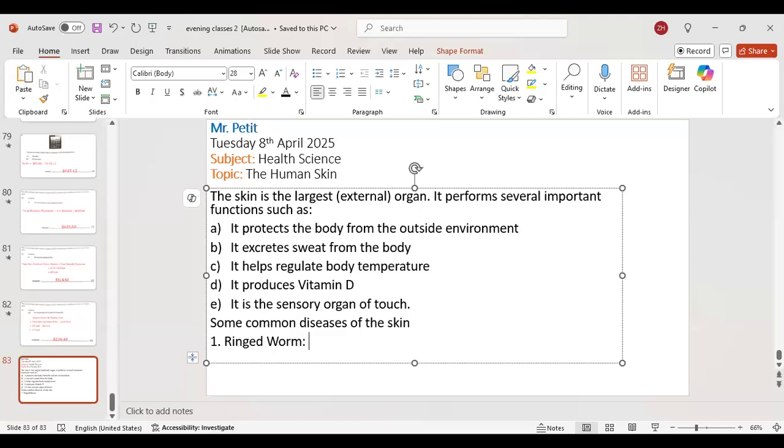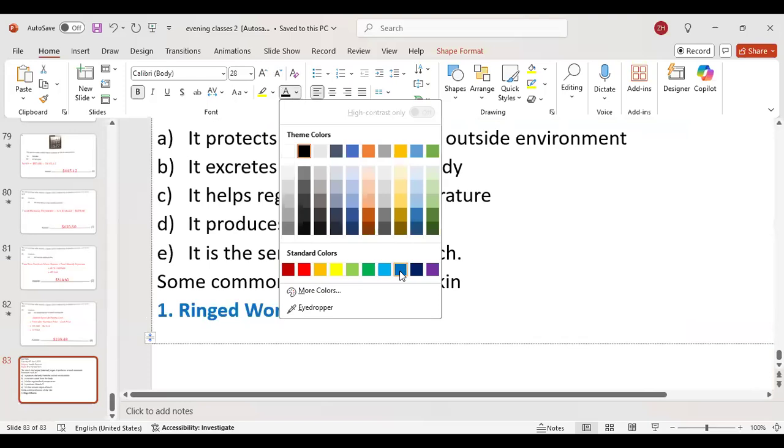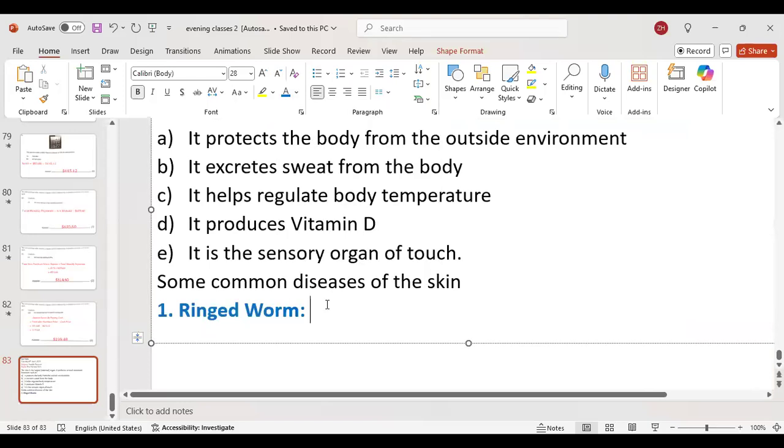Ringworm is caused by what? A bacteria, a virus, or what? What is ringworm caused by? Virus. Bacteria. Who said virus? Tavana.